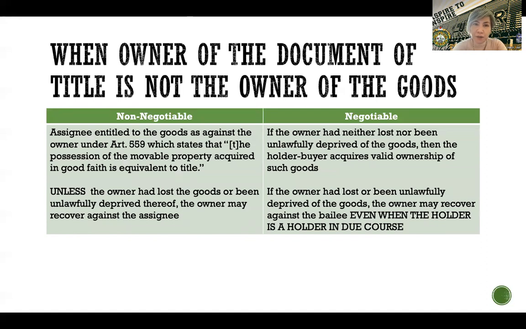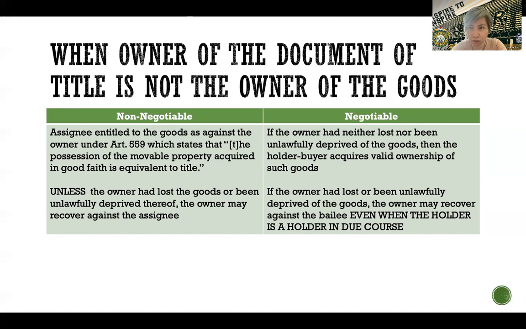So what happens when the owner of the document of title is not really the owner of the goods? So take note, guys, two rules, depending on whether it is negotiable or non-negotiable. If it's non-negotiable, then the assignee is entitled to the goods as against the owner under Article 559, which states that the possession of movable property acquired in good faith is equivalent to title, right?